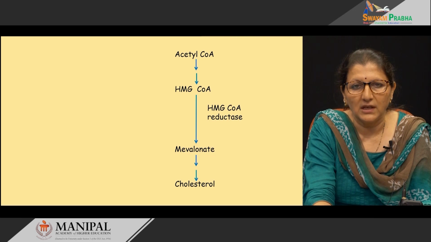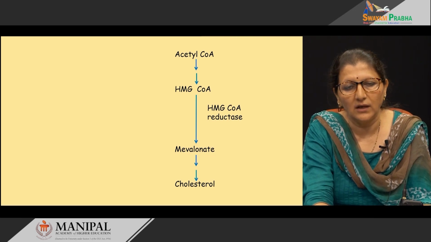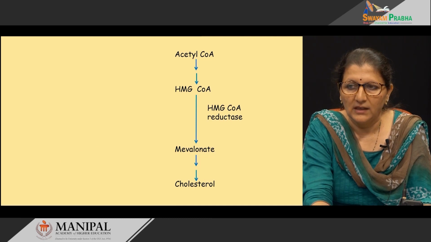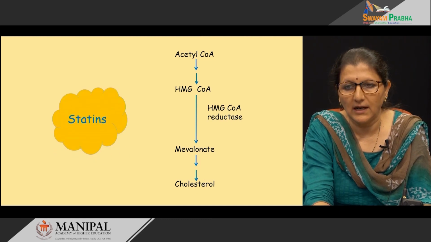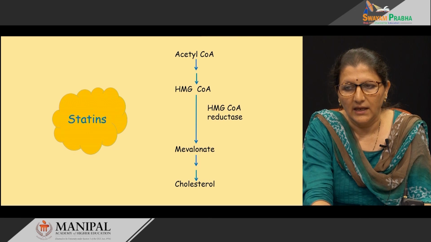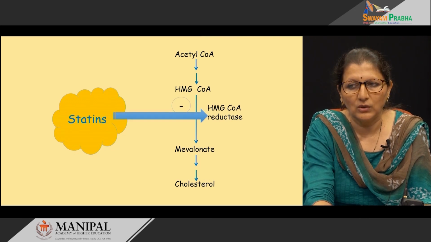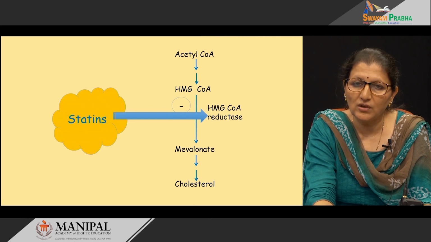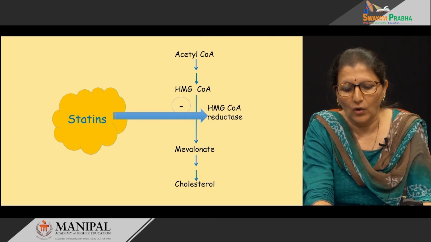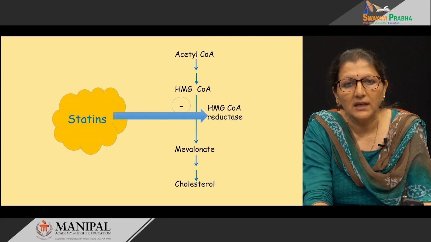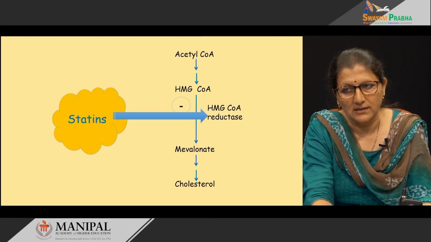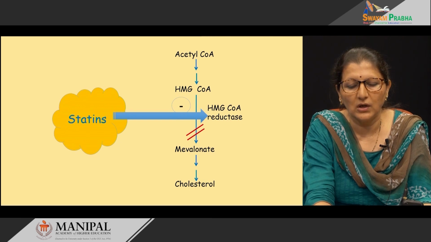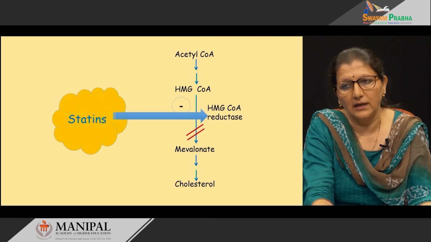The enzyme HMG-CoA reductase converts HMG-CoA to mevalonate. The group of statins inhibit the HMG-CoA reductase as they are structural analogues of HMG-CoA, and competitively inhibit the HMG-CoA reductase. So, therefore, cholesterol synthesis can be reduced.